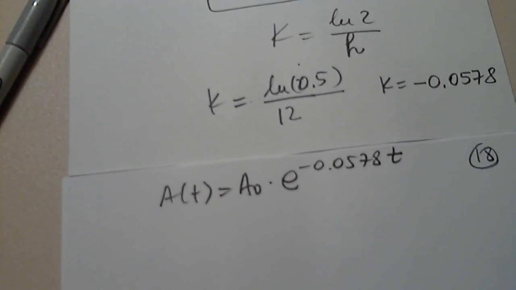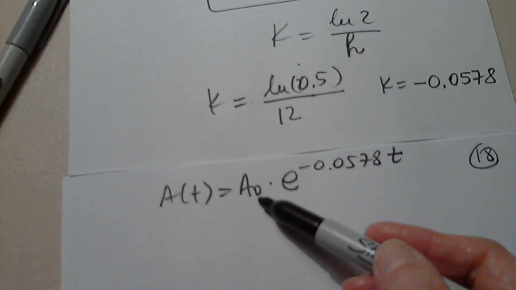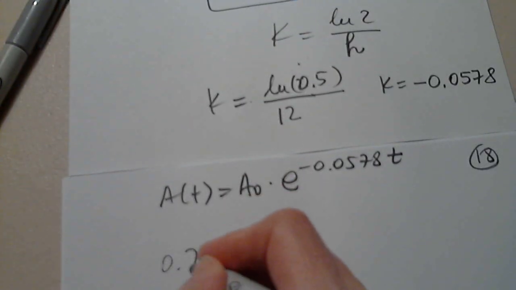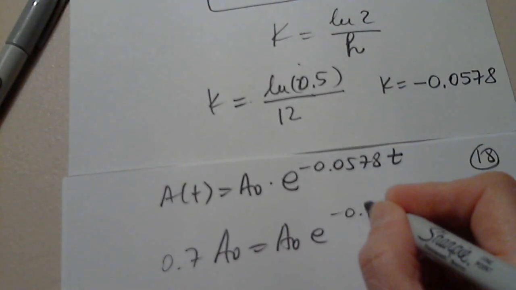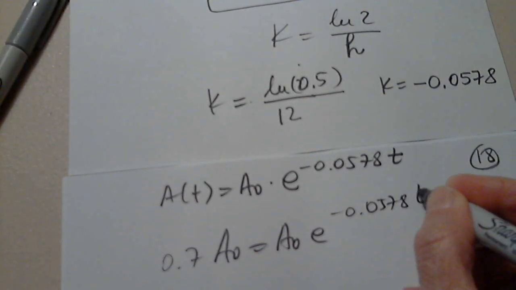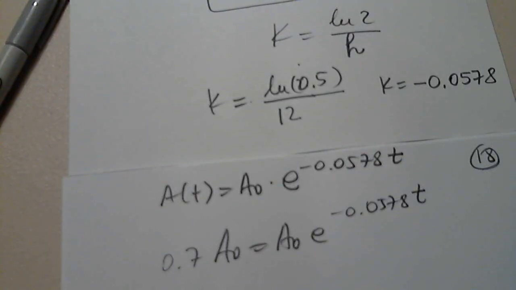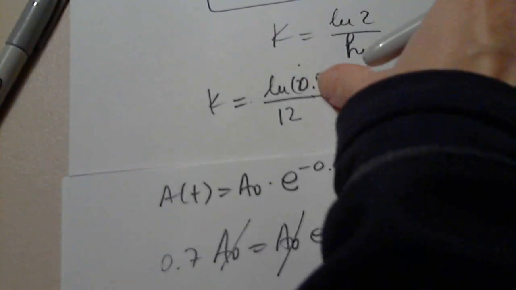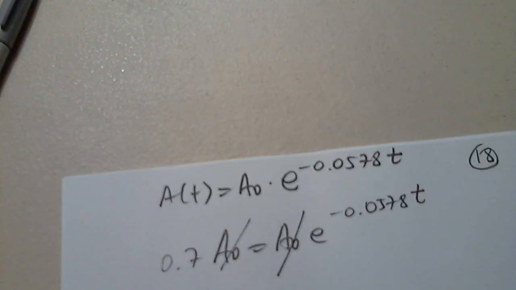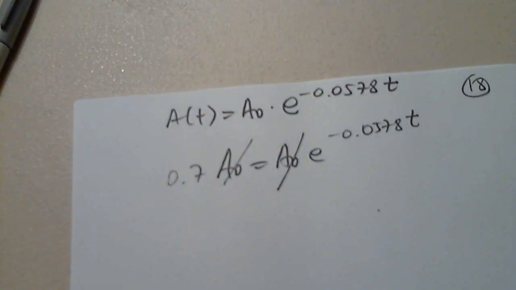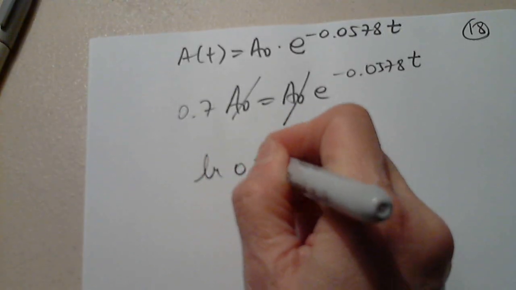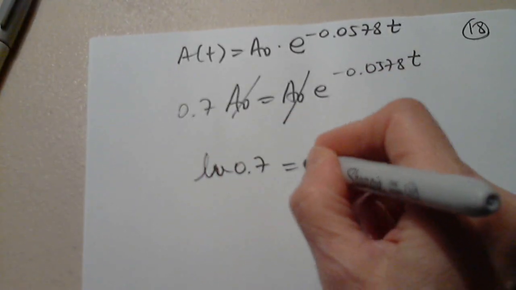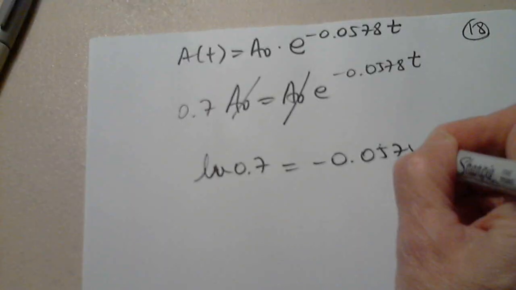And now the next step is not a difficult one because now this is 70% of the original. So 0.7 A0 equals A0 e to negative 0.0578 t. Of course, we do not have the original, but we don't even need it. When I apply natural log again to both sides, I get natural log of 0.7 equals negative 0.0578 t.